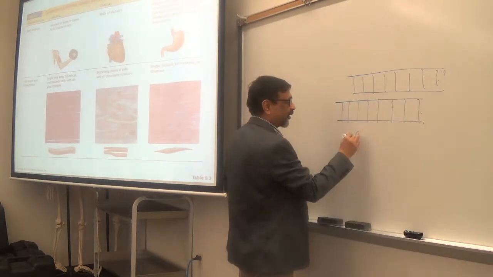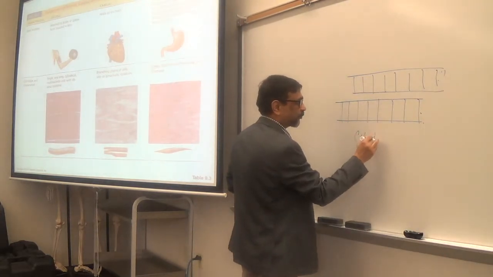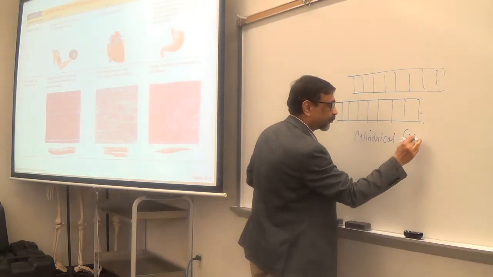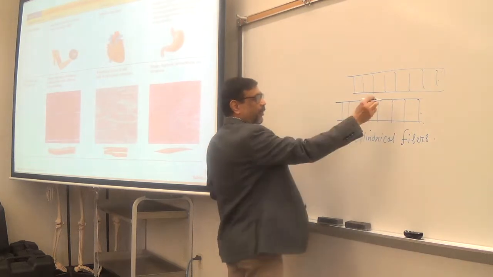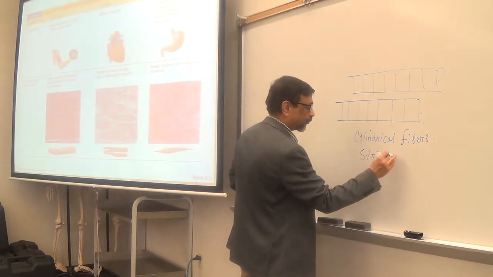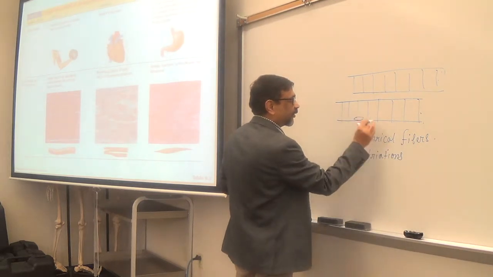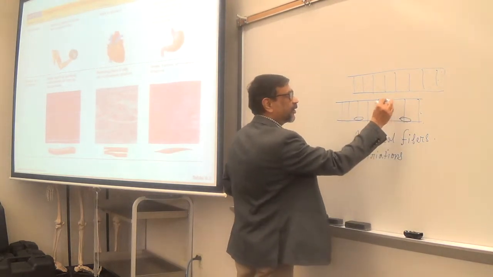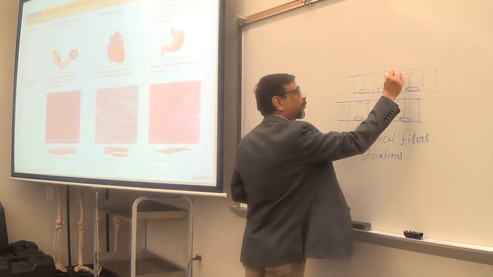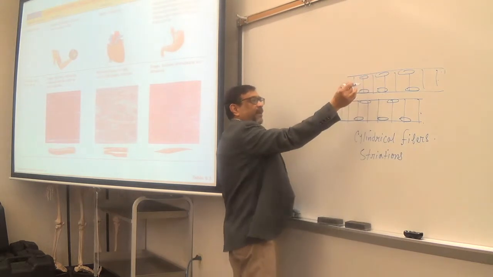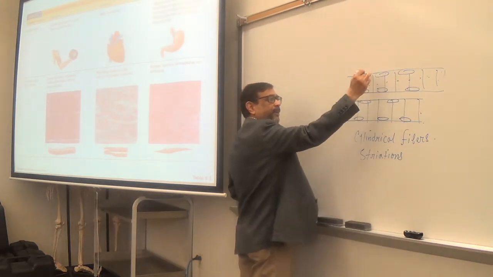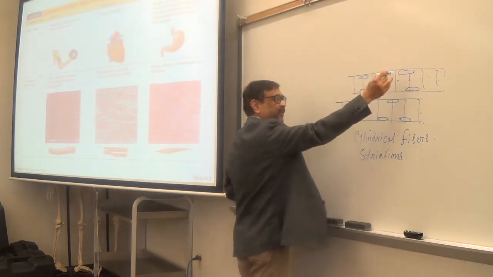So cylindrical fibers, number one. Number two, striations. Number three, in each muscle fiber you see multiple nuclei, and these nuclei are not in the center of the muscle fiber but peripherally located, attached to the side.